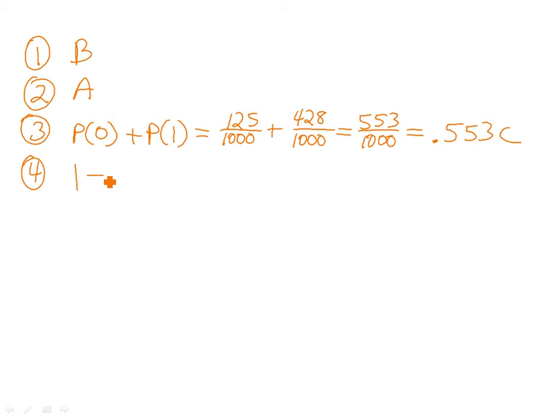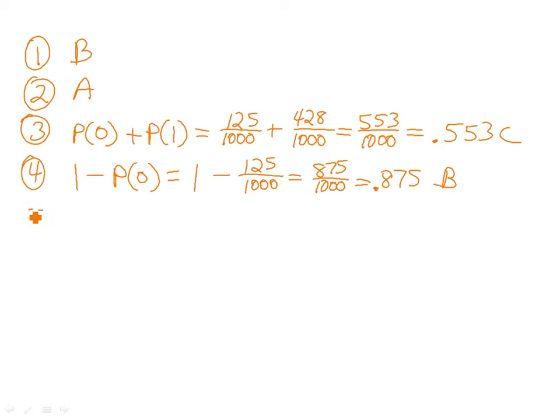Remember, all probabilities have to add up to 1, minus the probability of 0. Well, that's 1 minus the probability that a household has 0 cars, which is 125 out of 1,000, which leaves us 875 out of 1,000. Divide that again and you get 0.875, which is letter B.